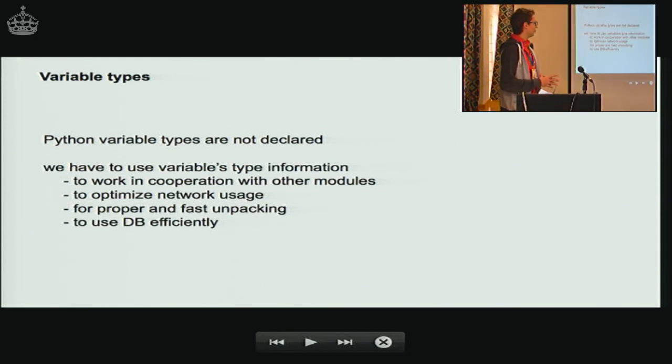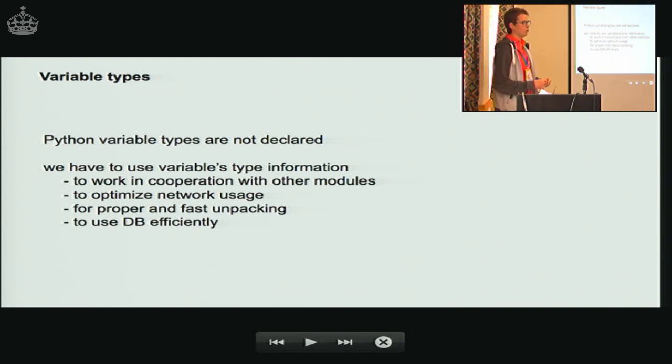We have to use variable type information to work in cooperation with other modules. For example, the game engine requires the types. Also, the database requires the types, and other modules can require types. So we have to provide that information to them.